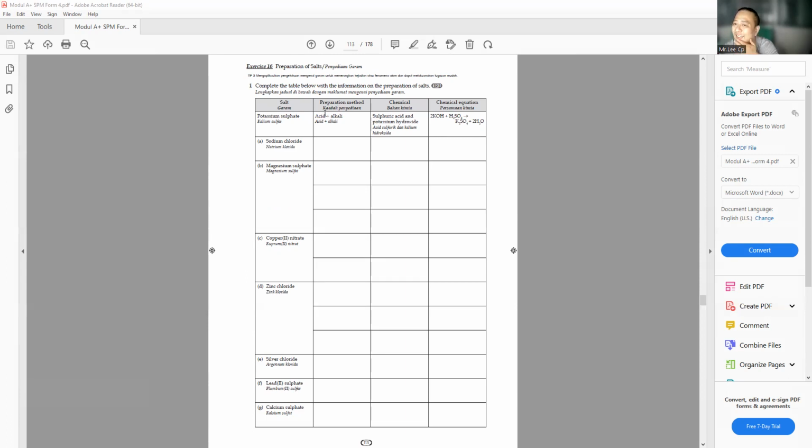Preparation of salt. Just now, preparation of salt, I haven't gone into detail, so I want to go into detail later. So here, I come back to do this question later. Okay. 等一下哈，wait.